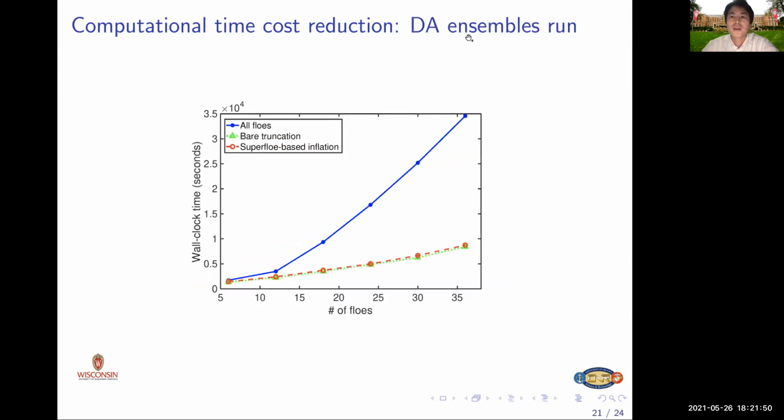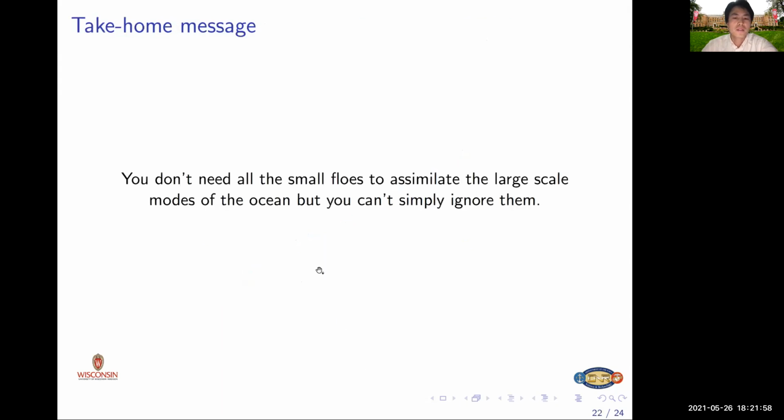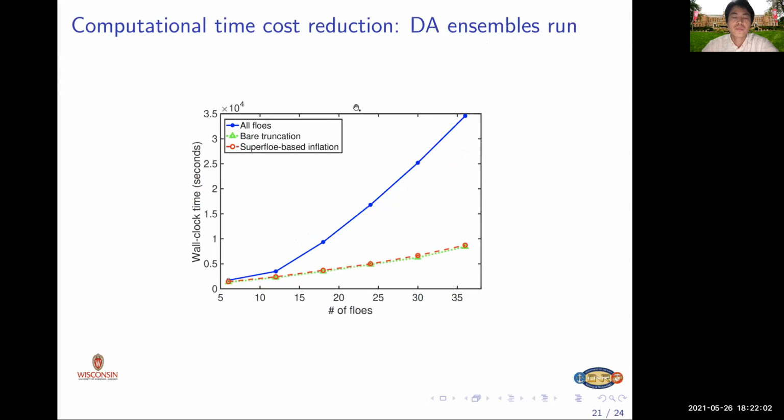Similarly for the data assimilation ensemble run, the superfloe-based inflation reduces the computational cost. And this is quite expected, right? It is just due to the fewer contacts we need to calculate in the DEM model.